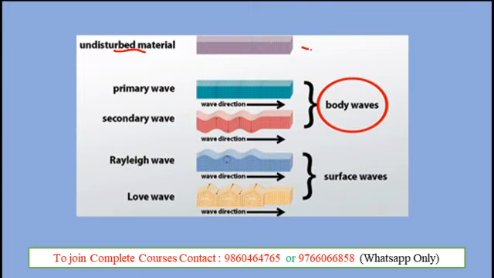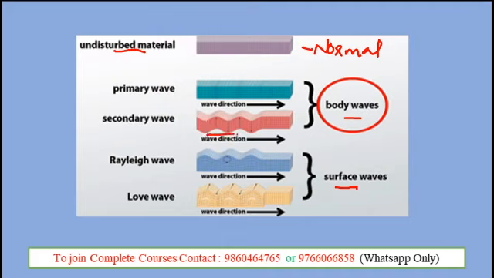Clear. So the other slide shows the four important waves related with earthquake, and this is the undisturbed material, the normal situation. And then, what is the difference between body waves and surface waves? In body waves, you can see the earth moves in a direction, like a body. For example, in our body we can move in different directions. So for body waves, the direction is only in a horizontal manner, like that.